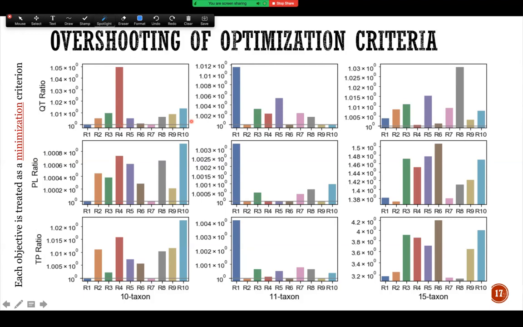This ratio ideally should be 1, but we see that in most of the cases this ratio exceeds 1, which implies over-optimization of the criterion. A similar phenomenon can be seen in the case of pseudo-likelihood score and triplet score in the middle row and the bottom row respectively.